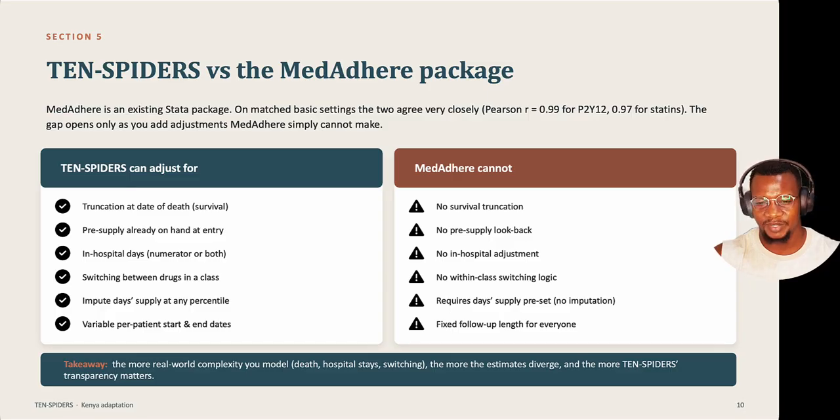I'd say here the Ten Spiders framework, of course, wins. From our takeaway, you can see that the more the estimates diverge because of real-world complexity, the more the Ten Spiders framework performs better, giving you more accurate results because of all these variables it takes care of.